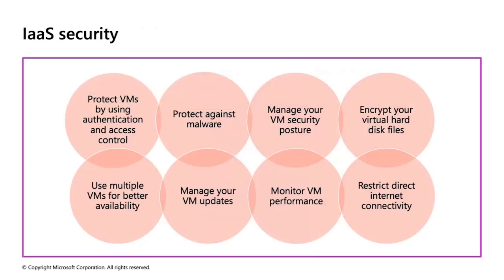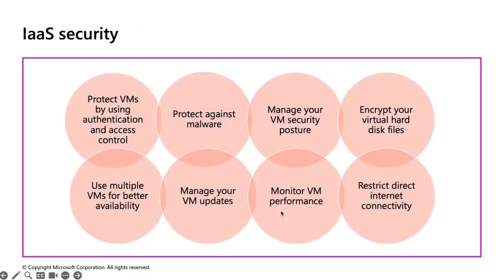So in case one VM is going down, other VMs will provide you services and keep your business running. Then we have manage your VM updates. Keep updating your VM for security updates or KB article patches. So your VM will be updated and safe against different kinds of vulnerabilities or attack patterns.